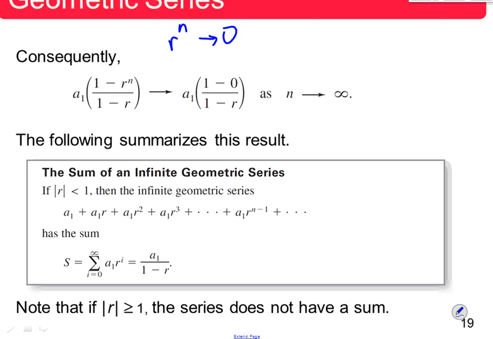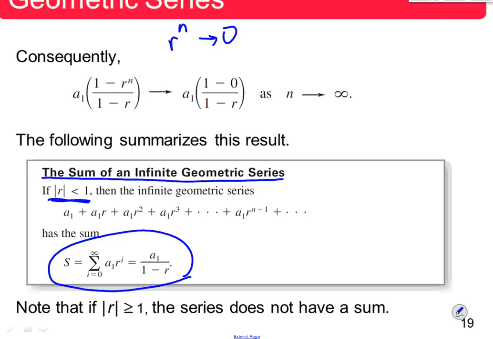And so we can put that limit in and say, okay, well, that's going to be 0 as n goes to infinity. And then our equation becomes simply a sub 1, because we'll multiply it times 1 minus 0, which is just a sub 1, over 1 minus r. So this is the sum of an infinite geometric series only when the absolute value of r is less than 1.